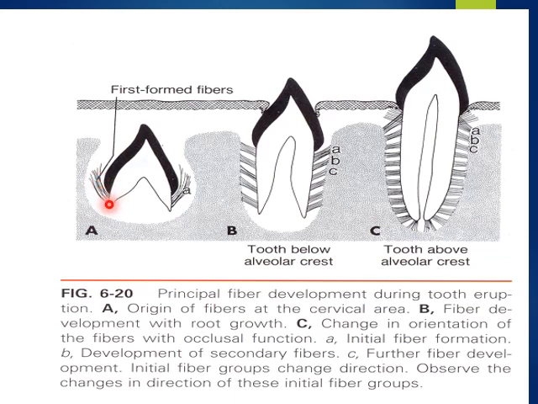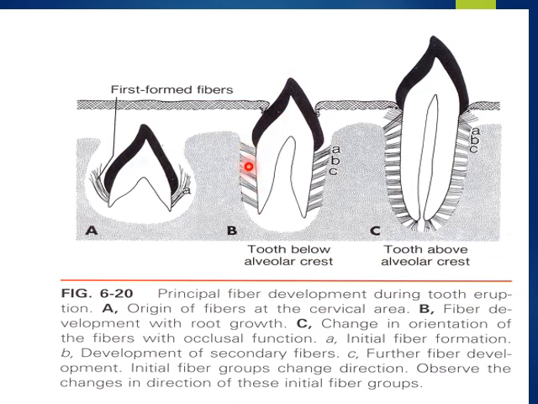This is the beginning of root formation and the beginning of the formation of collagen fibers, which attach the root of the tooth to the alveolar process. B, tooth below the alveolar crest. This is during eruption of the tooth. This is the beginning of the eruptive phase, and this is after the tooth is inside the oral cavity.